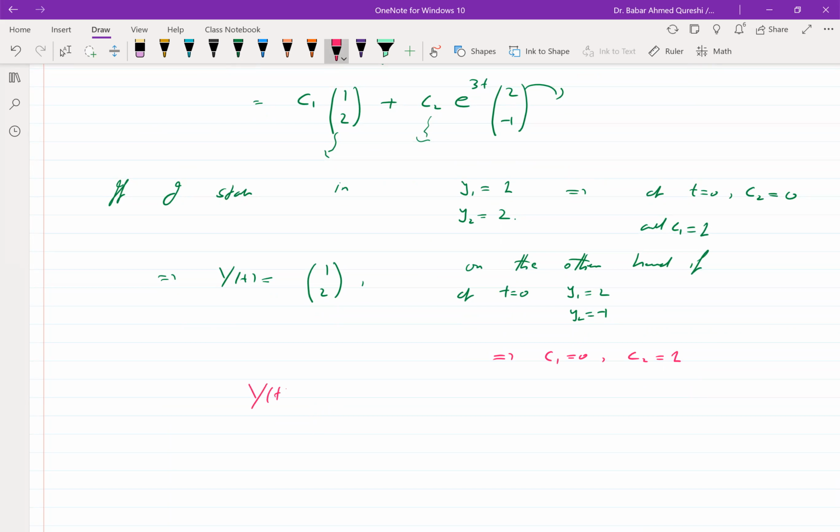So then y(t) would be e^(3t) and minus e^(3t). These increase with time.